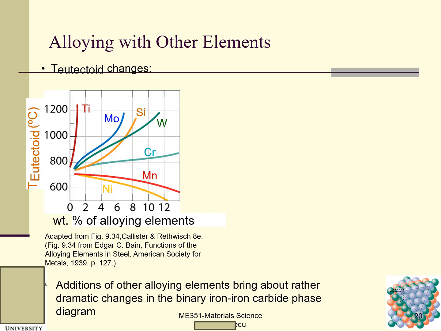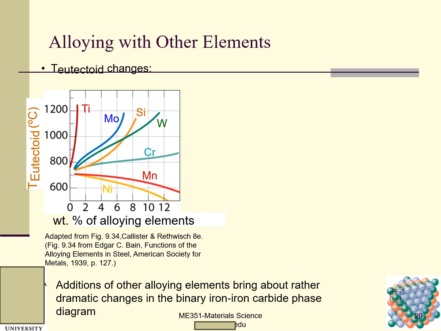So you can see we have nickel here, right? So it's nickel and manganese, chrome. This is silicon, this is tungsten, this is molybdenum, and this is titanium.